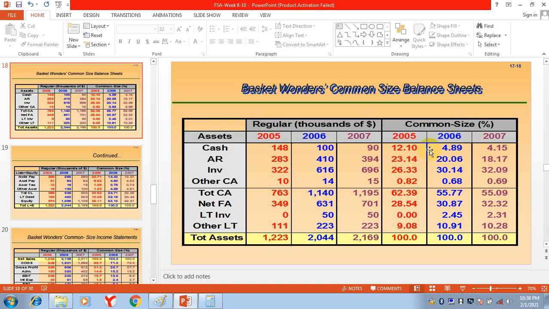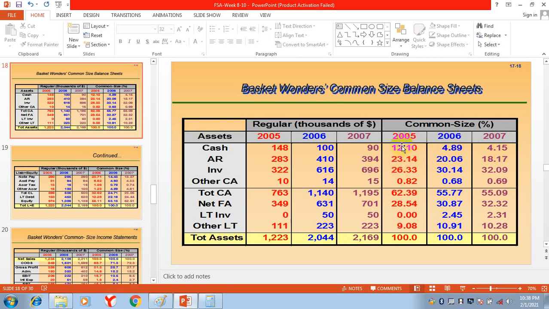The main thing is to get the meaning: whether cash going down is good or bad. Cash comes down from 12% to 4.15%. Is it good or is it bad? You will be thinking that it is bad, but no, it is good.